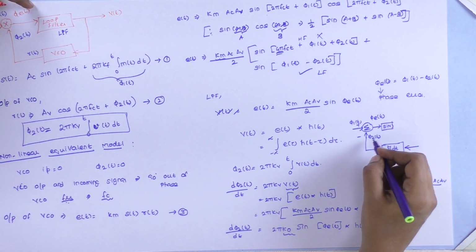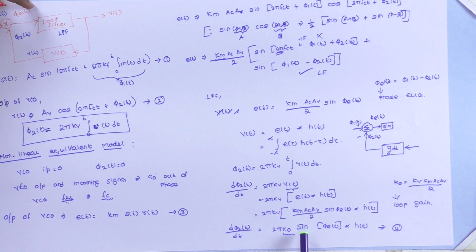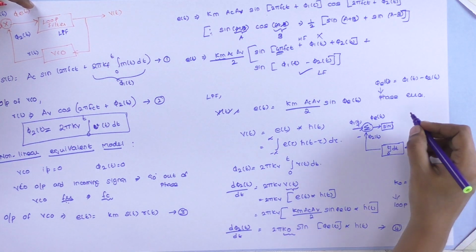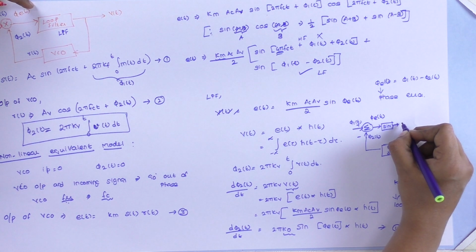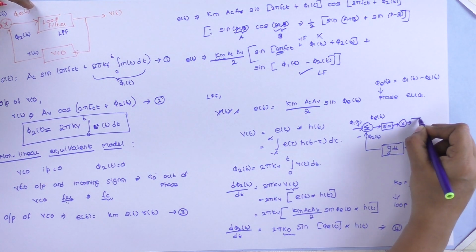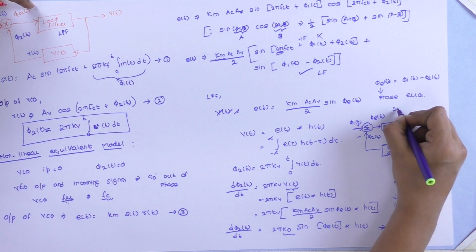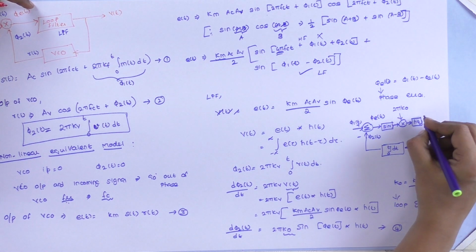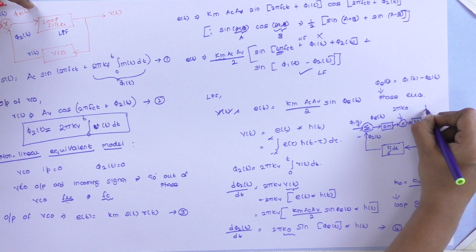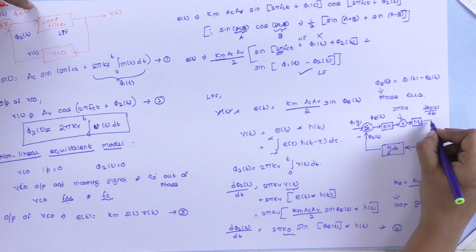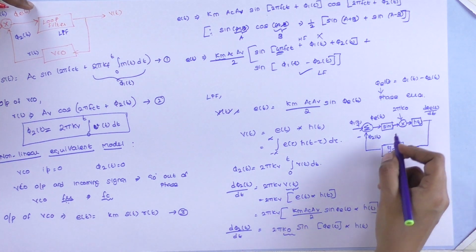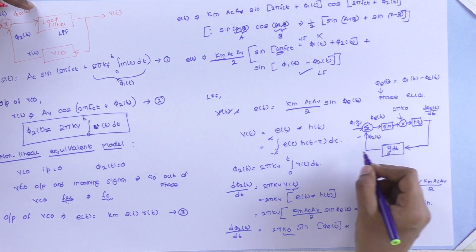Therefore, we are just passing through sine of phi e of t, which is convolved with h of t. The loop gain factor is 2 pi into k naught. Here we will get d phi e of t divided by dt. This signal is applied to the integrator, so d phi e of t will become phi 2 of t.